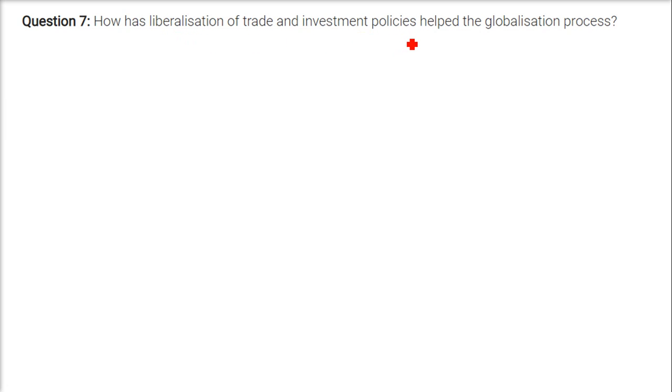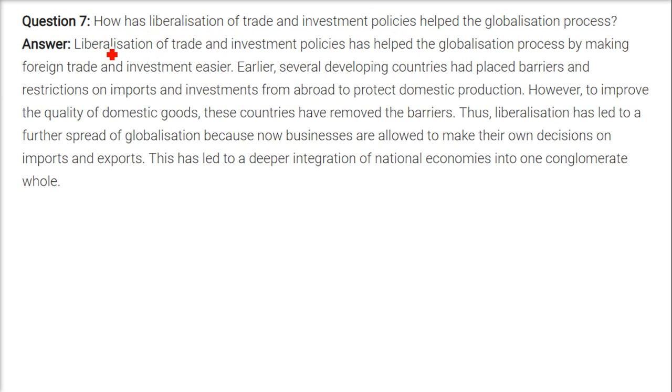How has liberalization of trade and investment policies helped the globalization process? So this liberalization, that is easing up of economic barriers, has helped the globalization process by making foreign trade, that is international trade, and foreign investment easier.